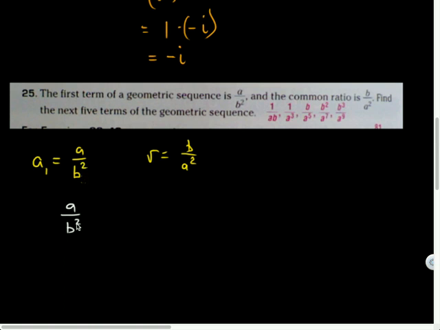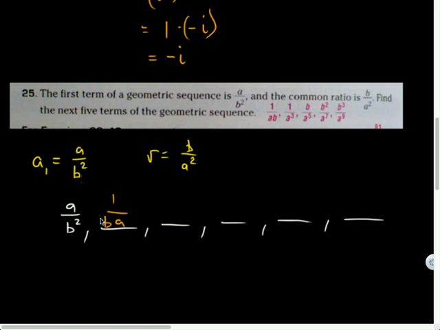So I need to figure out 1, 2, 3, 4, 5, apparently. So this is just repeated multiplication by b over a squared. Multiplying by b over a squared, my denominator, the a, I would get an a in the denominator, and a b in the denominator, and then nothing up top. So 1 over ab.